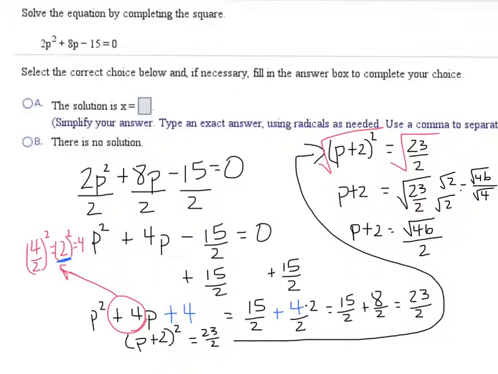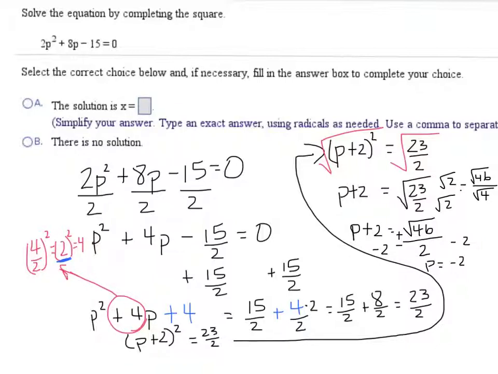So now I'm ready to subtract 2 from both sides of the equation. So p is equal to negative 2. Now this is one thing I forgot to write down so far, is this is plus or minus, because when I take the square root I could have a positive or negative there.